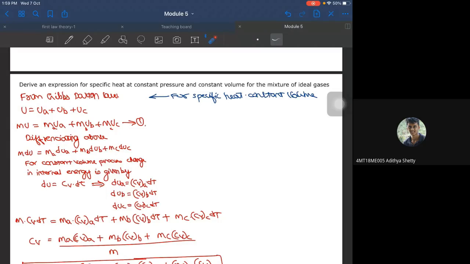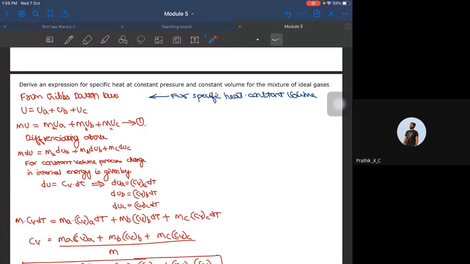Enthalpy, internal energy of the mixture are same as the individual constituents. Internal energy, enthalpy, and entropy of a gas mixture is equal to the sum of the individual internal energy, enthalpy, and entropy.